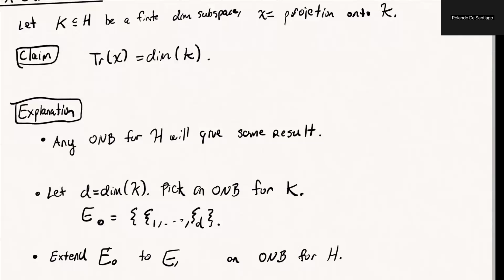So the first thing I'm going to do is that I know that I'm starting with some finite dimensional subspace of H. So I'm going to start off by picking an orthonormal basis of K. I may have said H earlier, I meant K. So it's finite dimensional, so I'll let D be that dimension, and the orthonormal basis for K is going to have D vectors, all of length 1, all of which are pairwise orthogonal to one another.